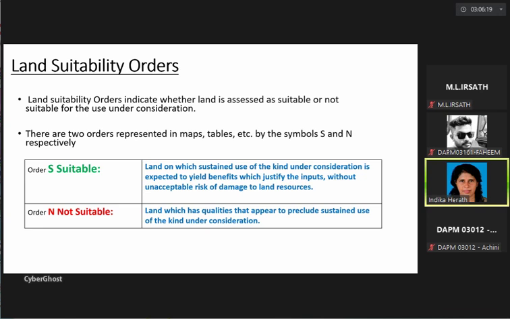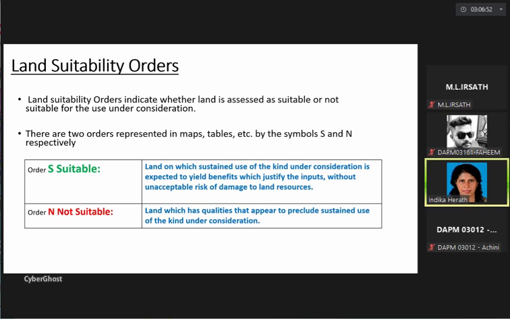When we talk about land suitability orders, there are two land suitability orders. One is suitable, the other one is not suitable. Land suitability orders indicate whether the land is assessed as suitable or not suitable for the use under consideration.